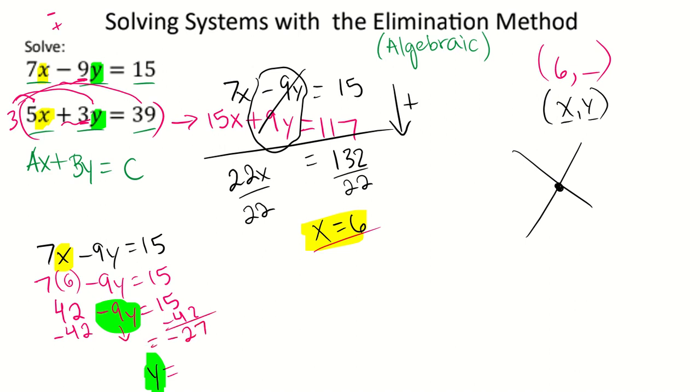Now we bring this down, negative 9y, and the last step is to solve, so divide by negative 9 on both sides, and the answer will be a positive 3. So our final answer for the solution for the system is 6, 3.